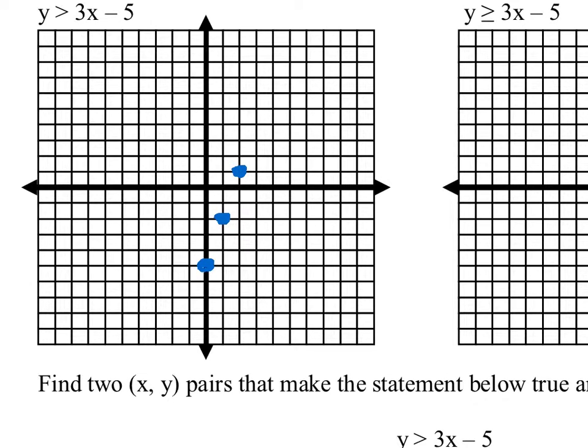But since we have that open inequality symbol and we know these points are not part of the solution, instead of connecting them with a solid line, we're going to connect them with a dashed or dotted line.